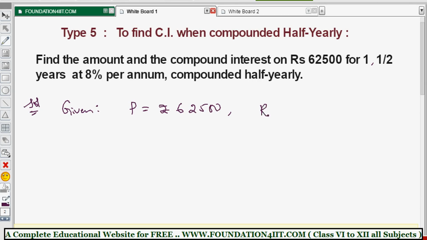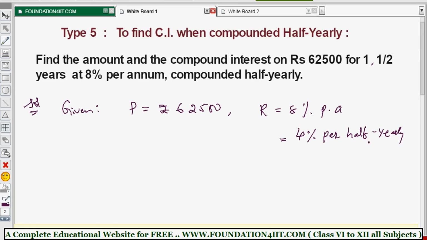And the rate R is 8% per annum. Whenever the rate of interest is 8% per annum, then for half yearly this becomes half, that means 4%. If it is 8% per annum, then 4% for half yearly.